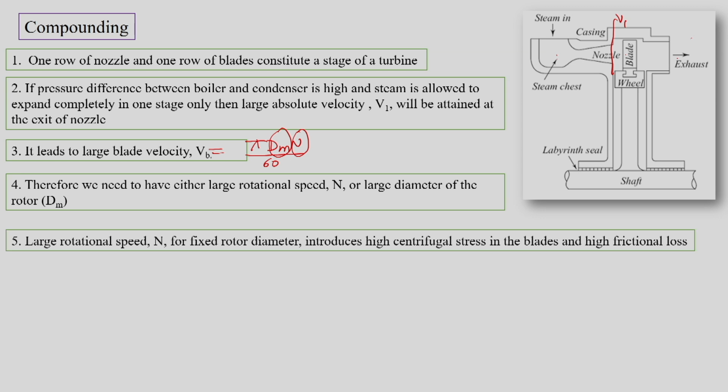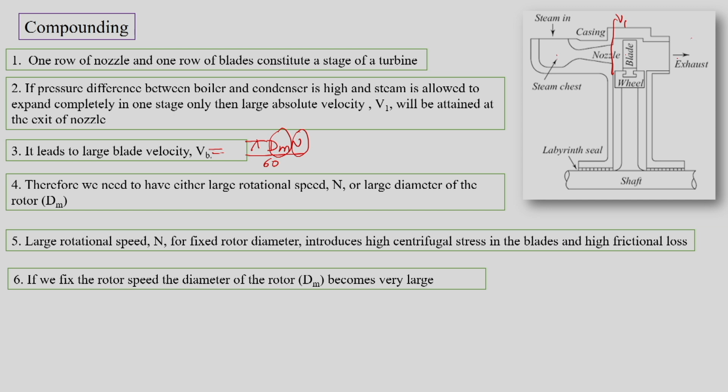But if we have very large n to accommodate the large Vb, with a fixed diameter dm, then a large value of n introduces large centrifugal stresses and very large friction in the bearing. So, we will have large frictional loss and large centrifugal stress. Further, if we fix the speed and change dm, then it turns out that we need a very large mean diameter of the blade.